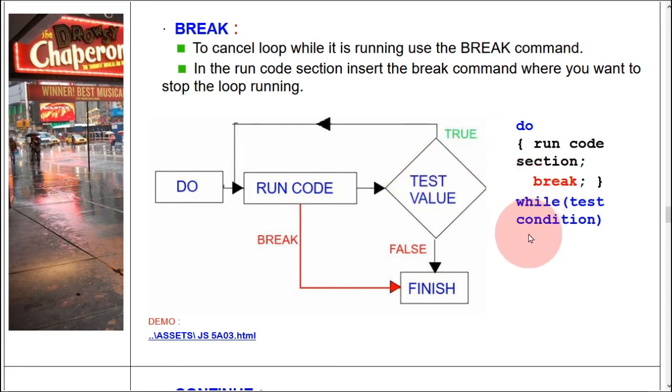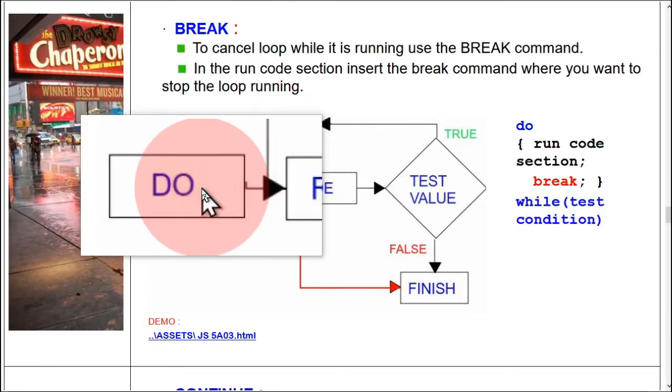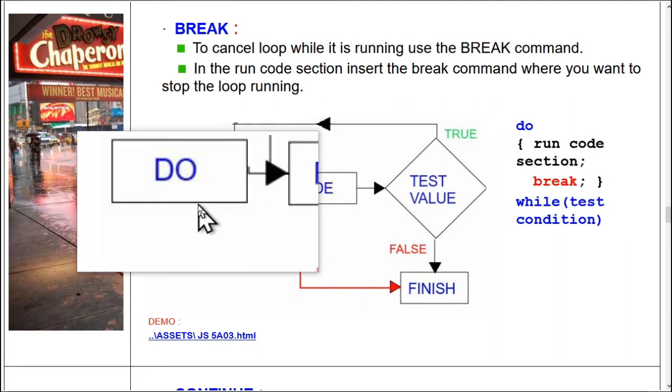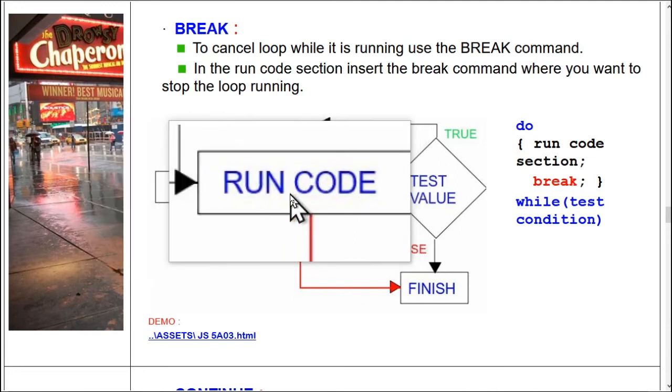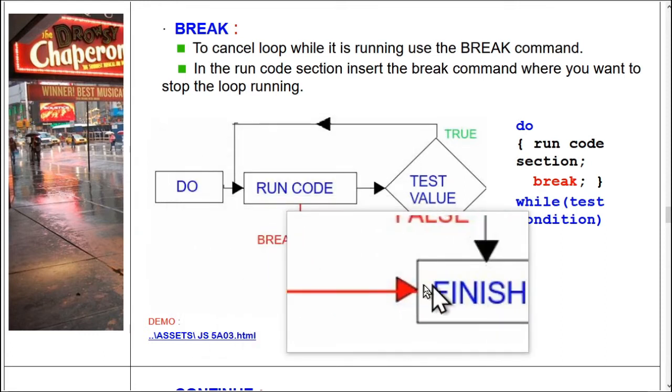And the other example of this is where you have a do statement, you run the code, and in there you have a break command, and that will cause it to finish running this loop, and then after that you have your while test condition. So we have the do command, run your code. Do we have a break command in this code? Yes, break, finish running the loop.